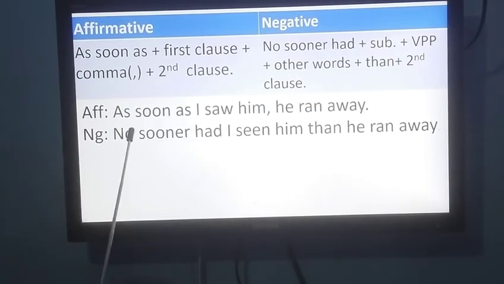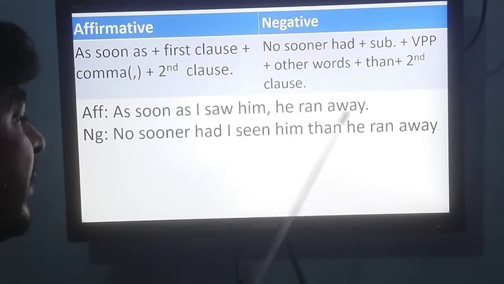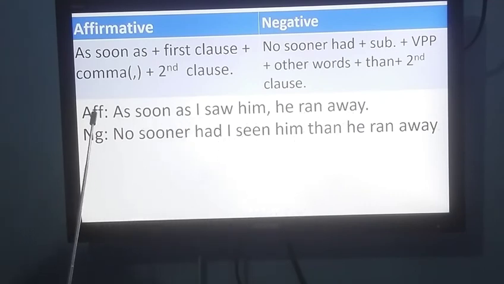Let's see the example. As soon as I saw him, he ran away. Here as soon as has been used in this affirmative sentence. Okay, so now to make it negative, use no sooner had. Then the subject, here I has been used. Then the past participle of the verb, saw has become seen.